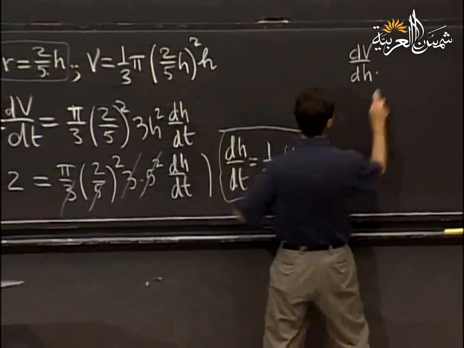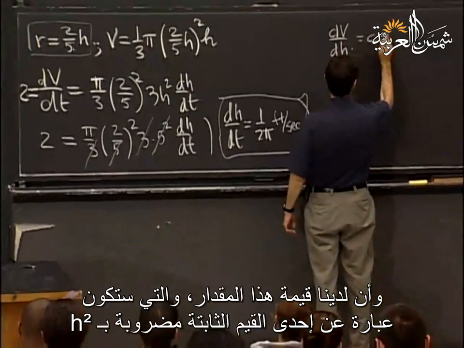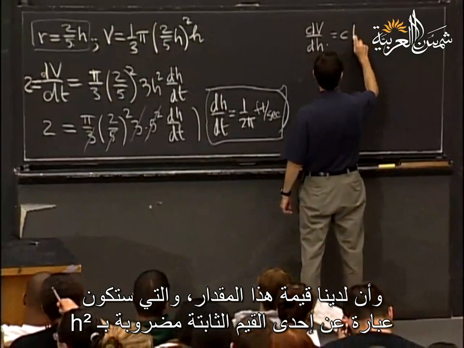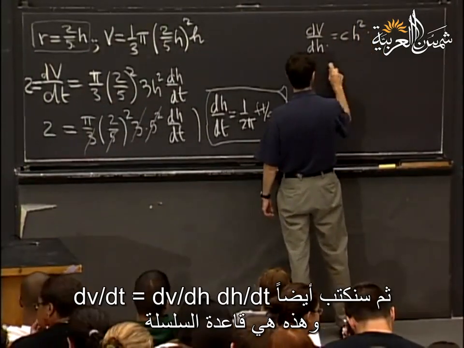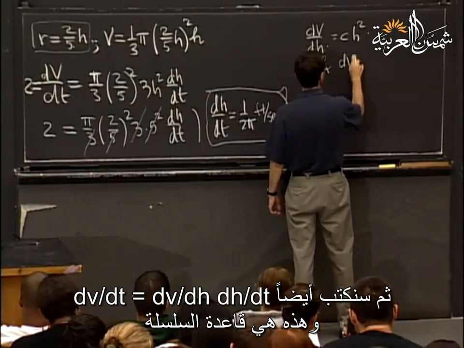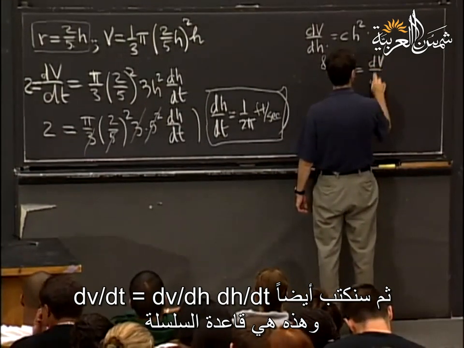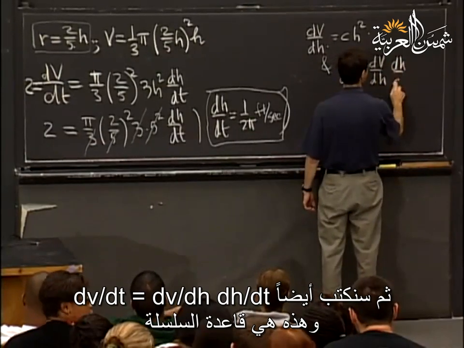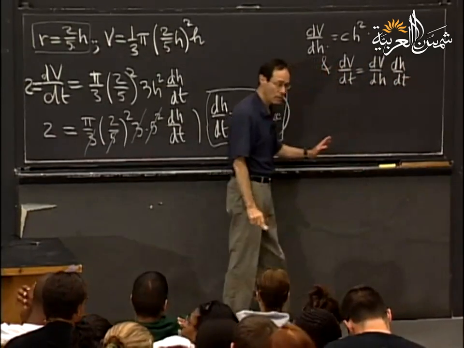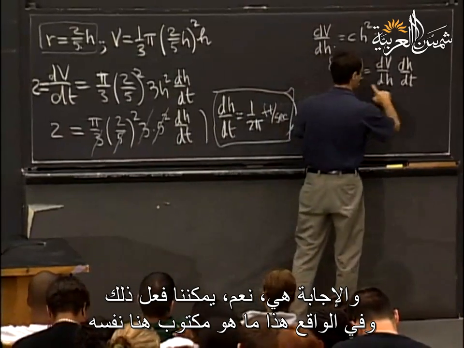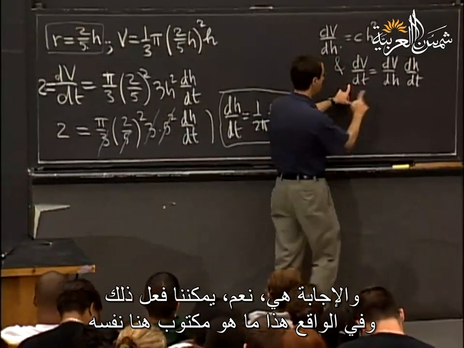Suppose you're here, and work out what this is, which is going to end up being some constant times h squared. And then also use dV dt is equal to dV dh times dh dt, which is the chain rule. And the answer is yes, we can do that.